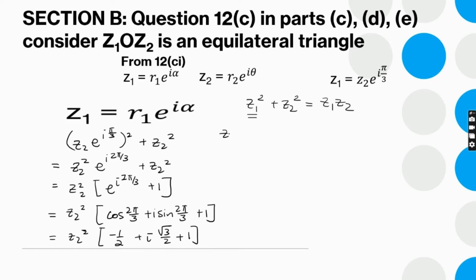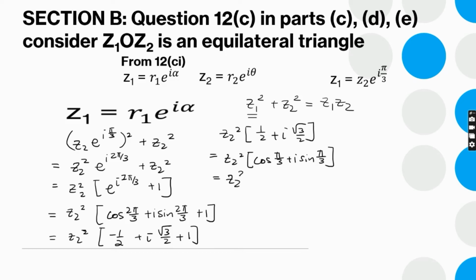So that gives me Z2 squared times half plus i root 3 over 2. Let's represent half plus i root 3 over 2 in modulus argument form again. That will give me cosine pi/3 plus i sine pi/3. I'd like to express this back in Euler form.